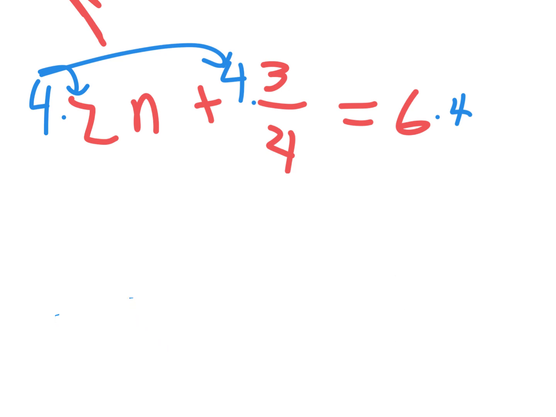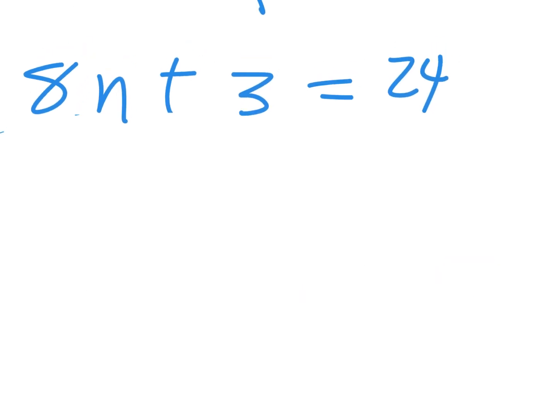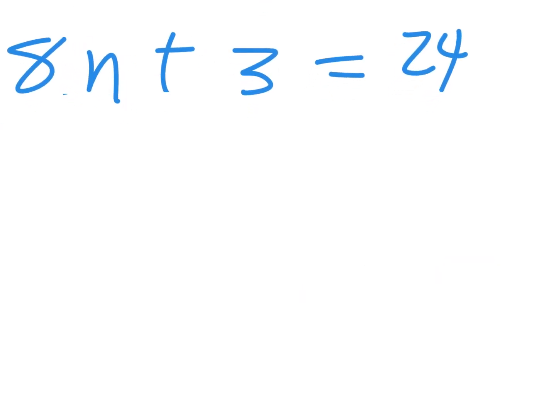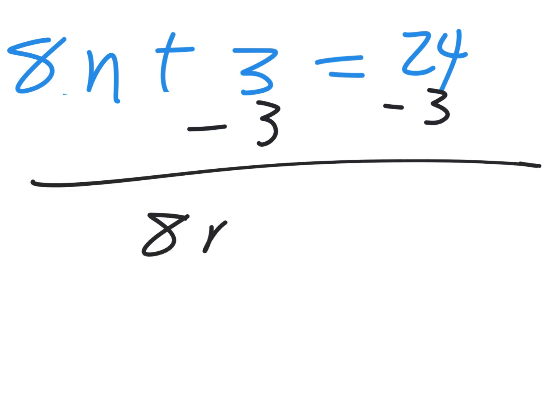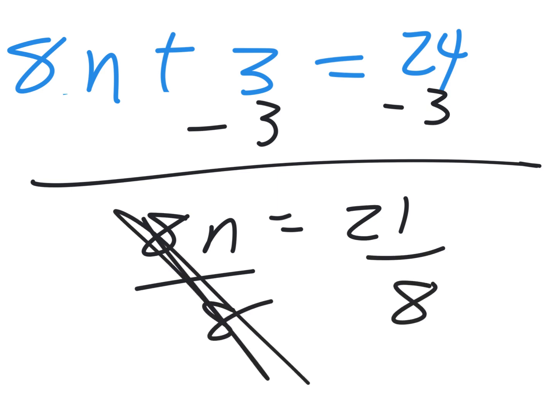All right. 8n plus, these canceled, 3 equals 24. And then if you can't solve a 2-step equation, you are in the wrong class. This is pre-calc. You're supposed to know how to get rid of the 3 and divide by 8. 21/8 would be my final answer.